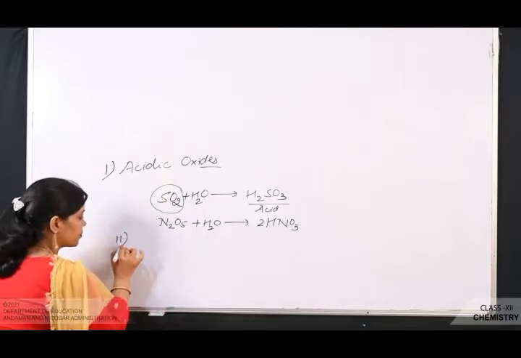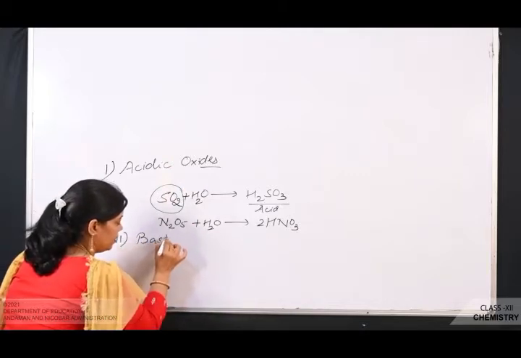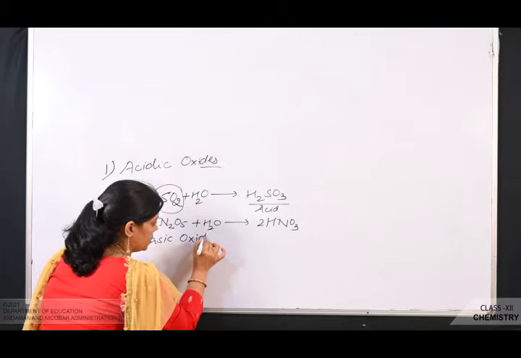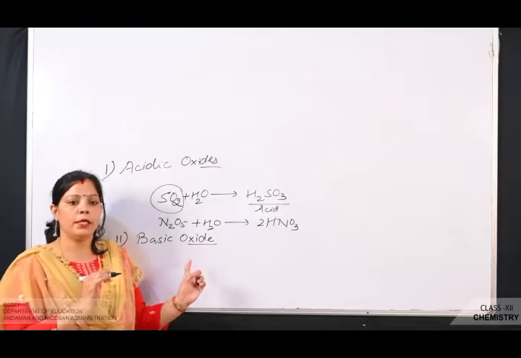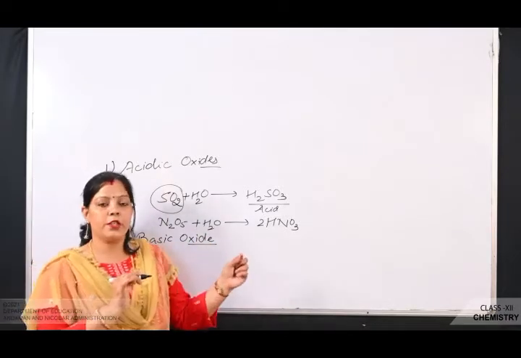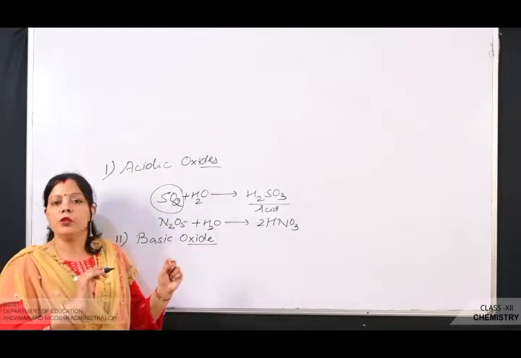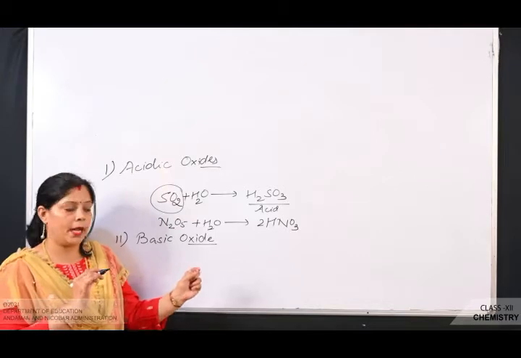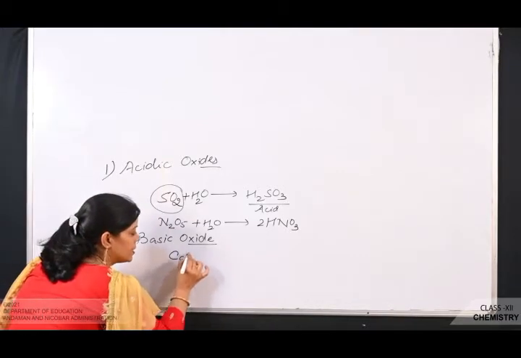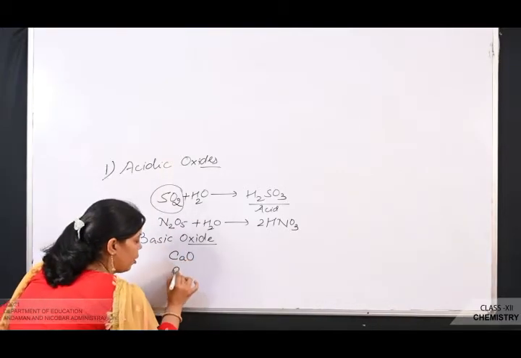Second is the basic oxide. What are the basic oxides? Basic oxides are oxides which give a base with water, and mostly they are metallic oxides, for example calcium oxide and barium oxide.